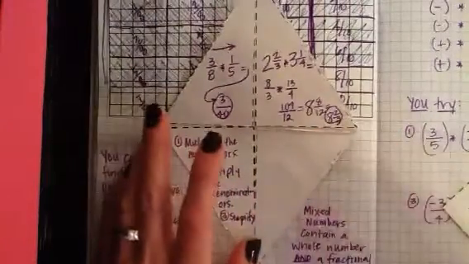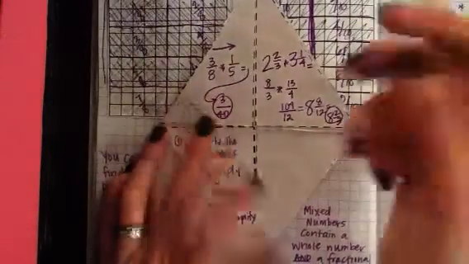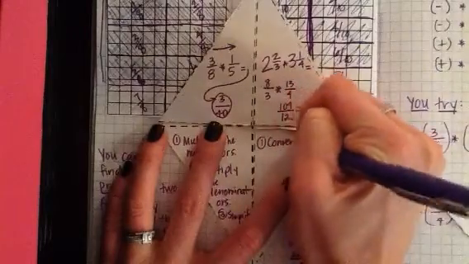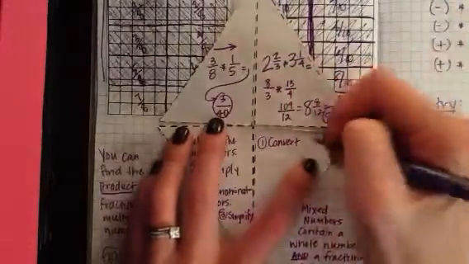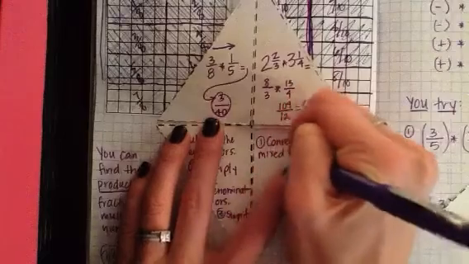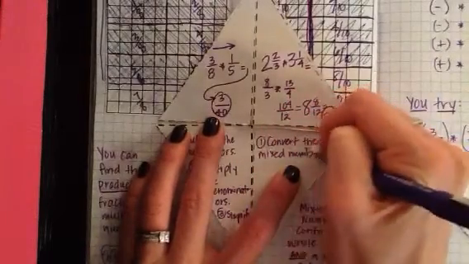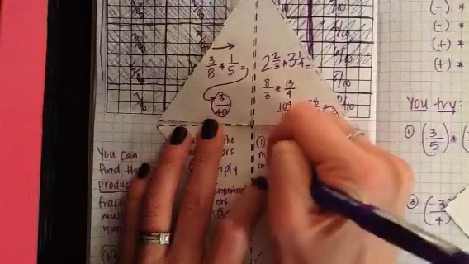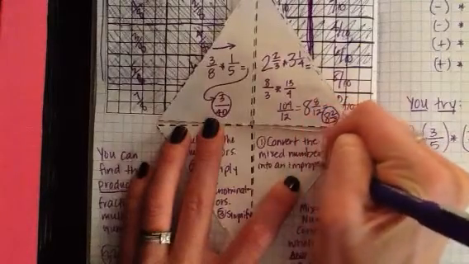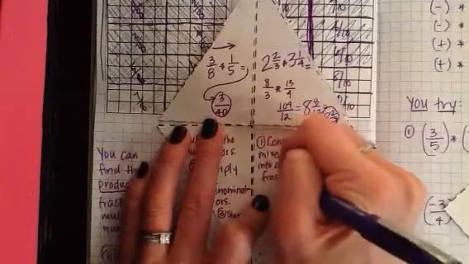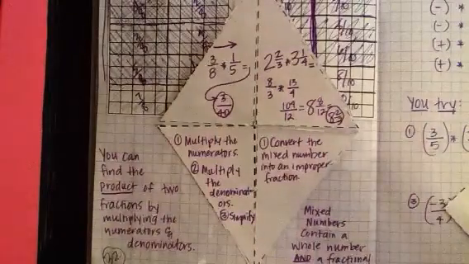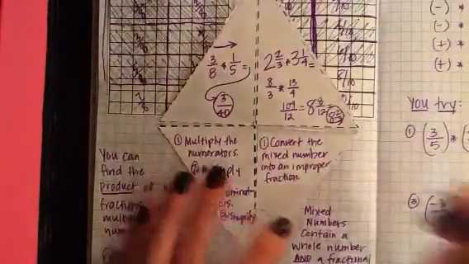So we're going to convert the mixed number. Again, nothing new. Convert a mixed number into an improper fraction, and then you're going to multiply as you would a proper fraction.